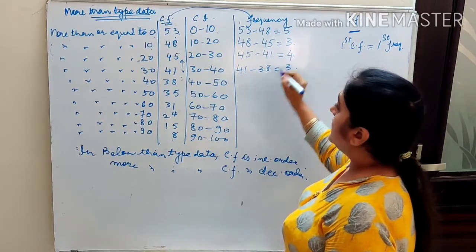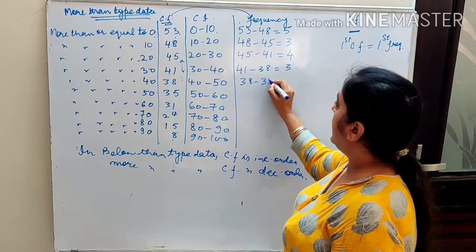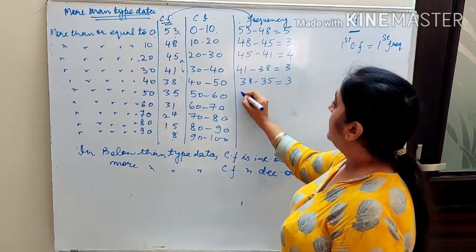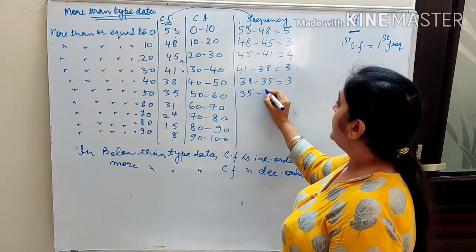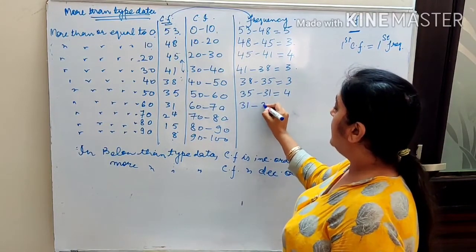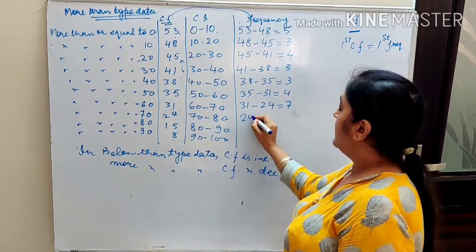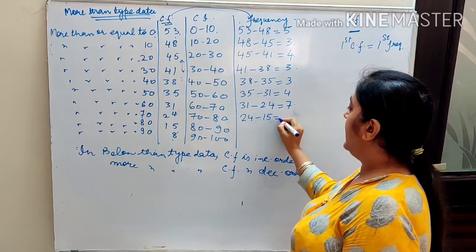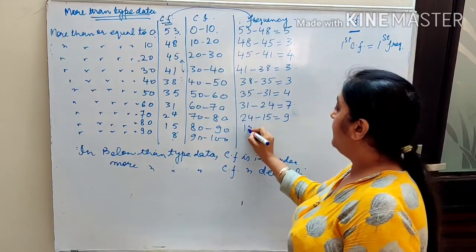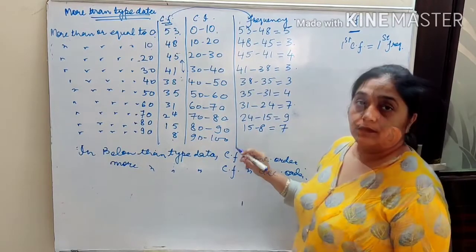Sorry. Now again it is 38 minus 35, 3. 35 minus 31, 4. Next one has to be subtracted. 31 minus 24, 7. 24 minus 15, 9. 15 minus 8, it is 7.